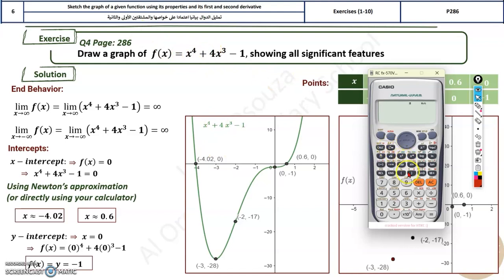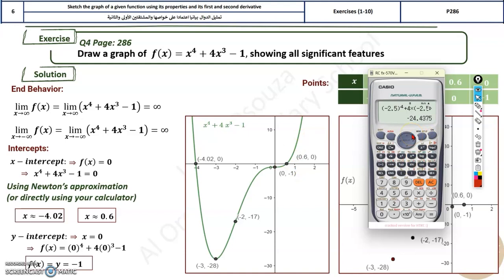Instead of x, put the -2.5 value. -2.5, the whole power 4 plus 4 into, now again, -2.5 cube -1. Now the answer is -24.43. Let's see at -2.5. Yes, it's about -24.43. Similarly, take any point and check the answers.